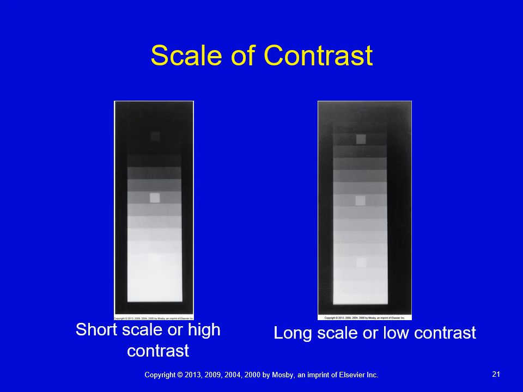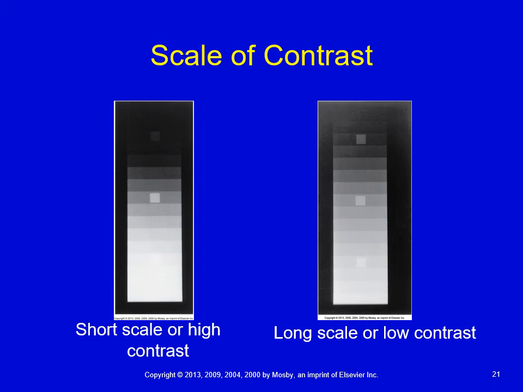This image on the left, again, think about a bone image. There are only a few shades between the black and the white. This is what we would call short scale. Now we're going to attach the term high contrast. If something is considered to be short scale contrast, it's also considered to be high contrast.